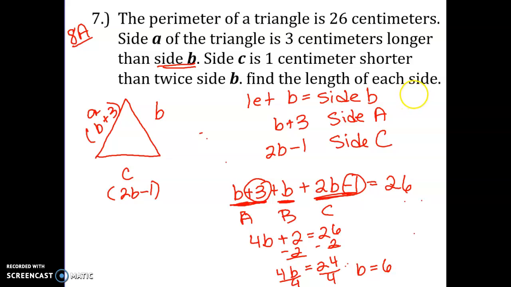So once we get our side B being 6, we can figure out our side A. 6 plus 3 is 9. So side B would be 6 centimeters, side A would be 9 centimeters, and then 2 times 6 would be 12. 12 minus 1 would be 11. So side C would be 11 centimeters.